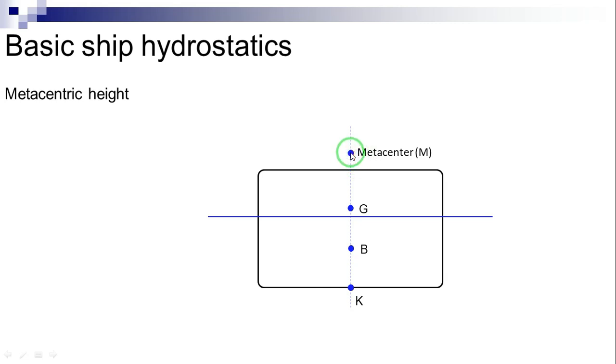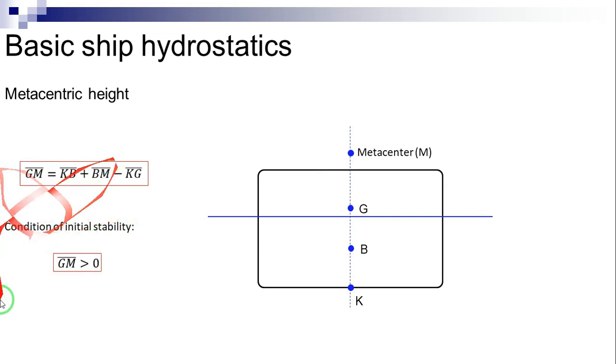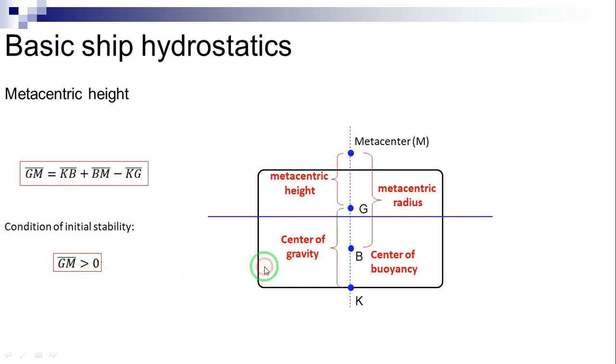We can write this equation: GM equals KB plus BM minus KG, and the condition of initial stability is expressed as GM greater than 0. The quantity GM is called metacentric height. KB is the z coordinate of the center of buoyancy. It is calculated as the z coordinate of the centroid of the submerged hull as one of the results of hydrostatic calculations.